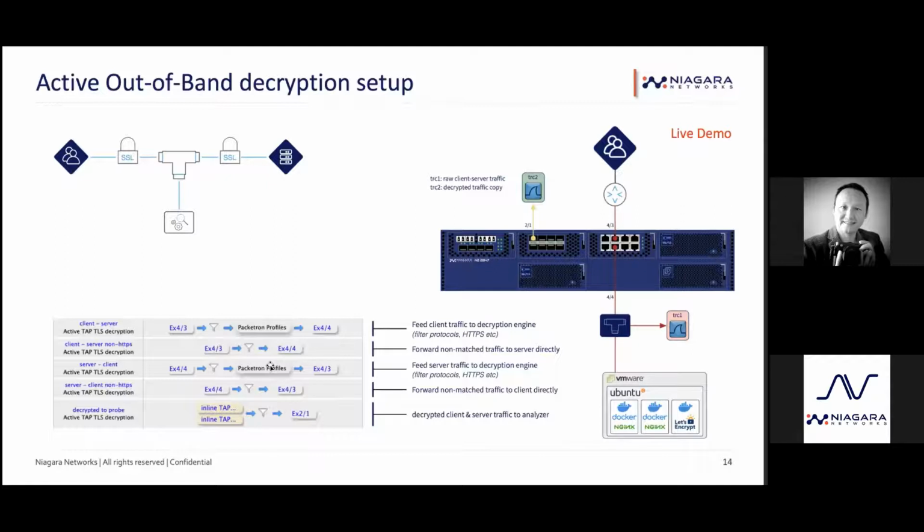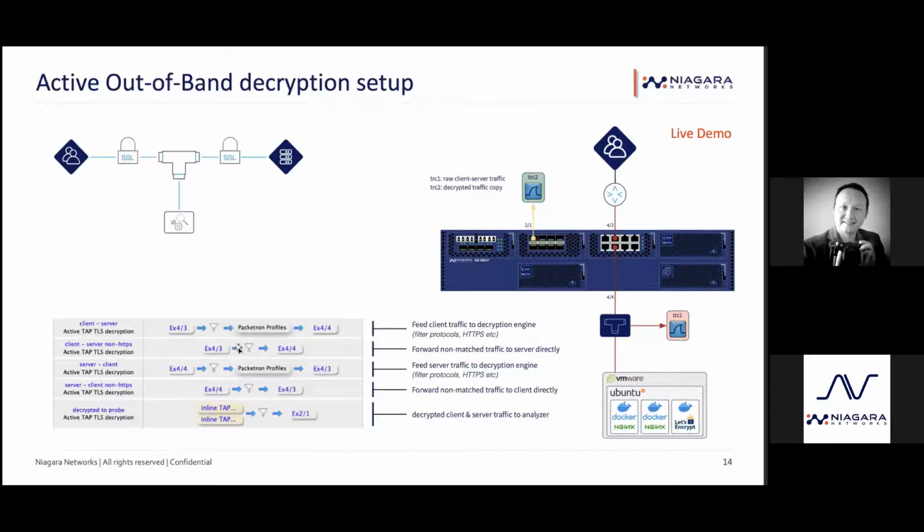What I usually do is I only send the traffic that I want to decrypt to the engine. So in this case, I only send HTTPS to the engine, and anything else I'm not sending to the decryption engine. If the decryption engine receives traffic that it cannot decrypt, it just forwards this traffic, which can be anything, to the egress port.